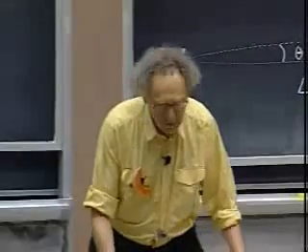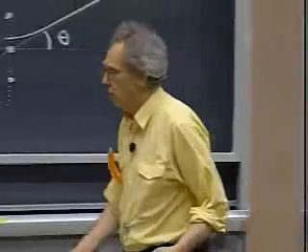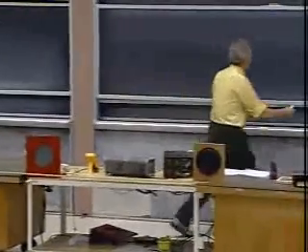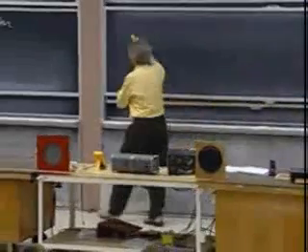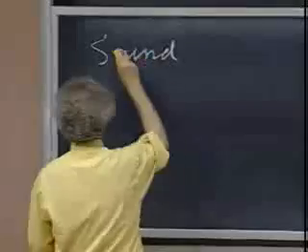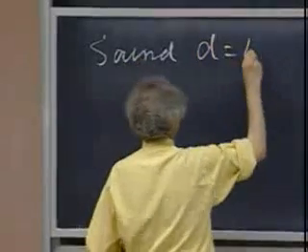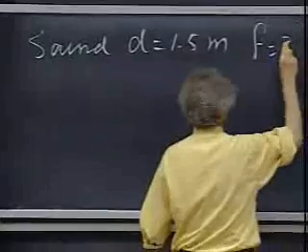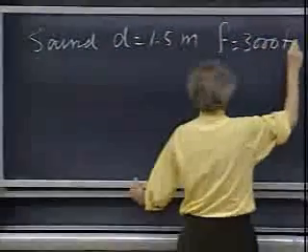And the first demonstration that I'm going to do is with sound. We have here two loudspeakers. And the distance between those two loudspeakers, d, is 1.5 meters, that's a given. And the frequency is 3000 hertz.